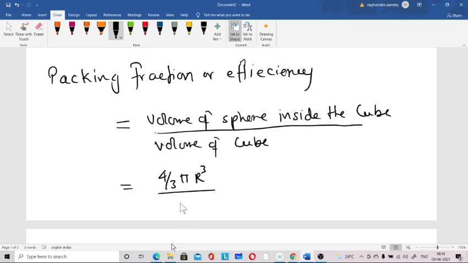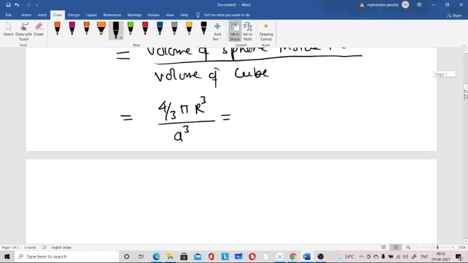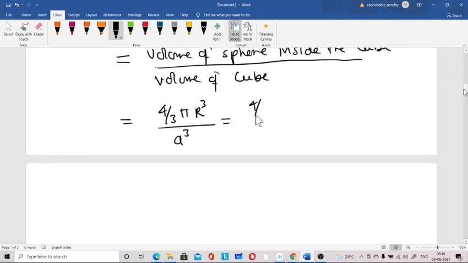Now volume of the cube is a cube. A cube we can write as 8r cube, just as we did here, since a is equal to 2r. So I can write this as 4 upon 3 pi r cube divided by 8r cube.